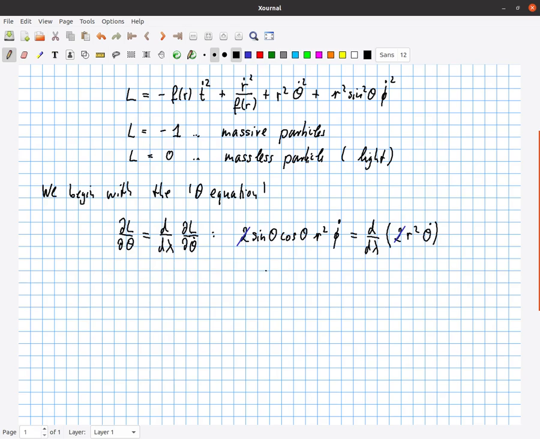And the first observation here is that we can actually solve this equation immediately by just looking at, can we find a function theta so that this is always satisfied? What we need to look for is, if we chose theta to be a constant, then the right-hand side is immediately 0. Can we find a constant theta so that the left-hand side is also 0? Yes, one choice would be theta equals 0. That's not a good choice for reasons that have to do with our choice of coordinates. However, we can set theta to be pi over 2, and that is a very convenient choice.